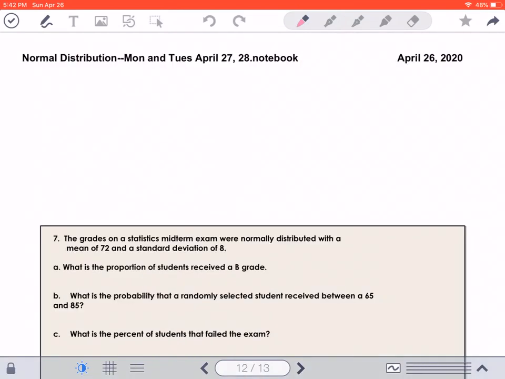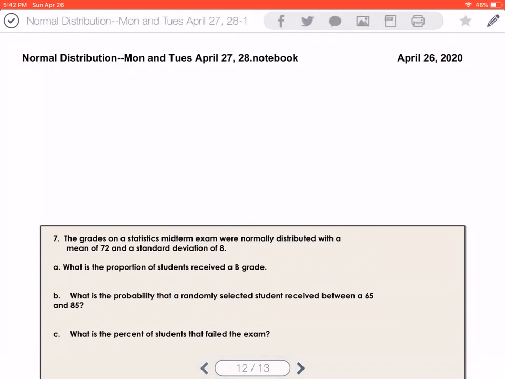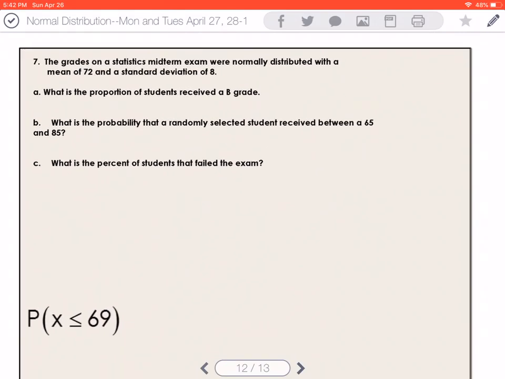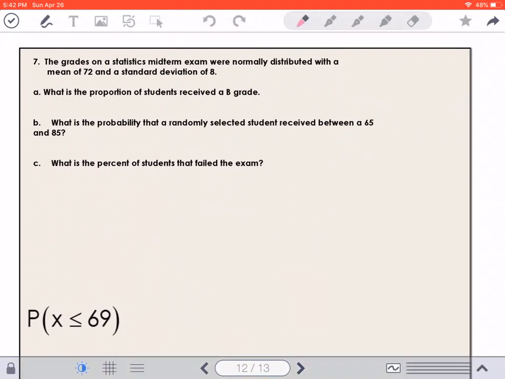All right, so let's look at example number 7. So the grades on a statistics midterm exam are normally distributed with a mean of 72 and a standard deviation of 8. What is the proportion of students who received a B grade?